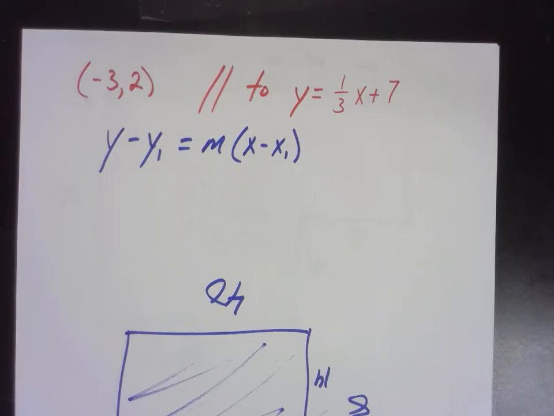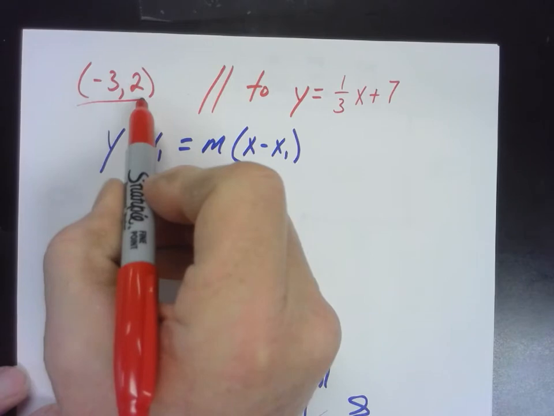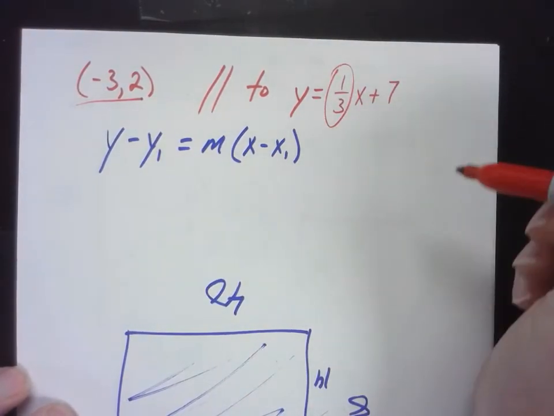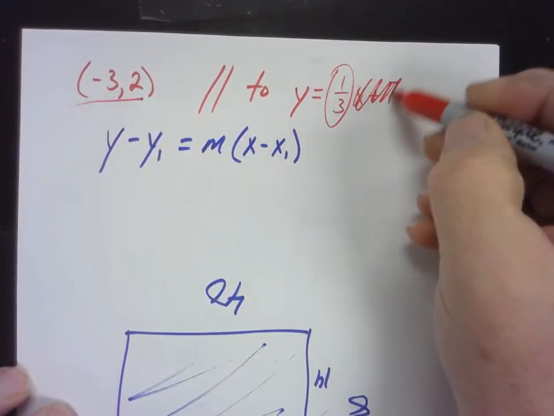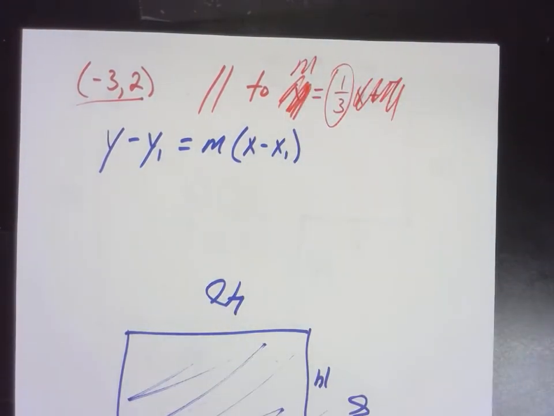Okay, can we take a look? So we've got a point and we've got a slope, and we don't care about the rest of this, do we? All we care about is that's what the slope needs to be.